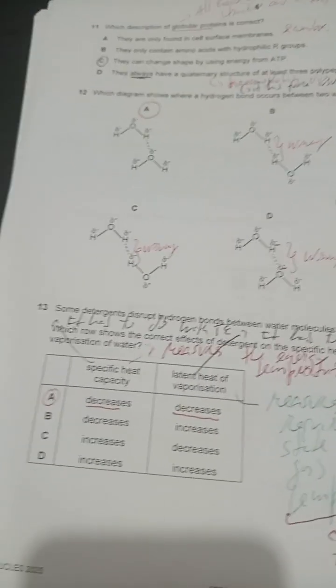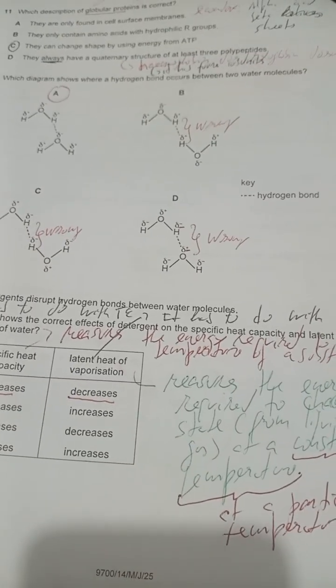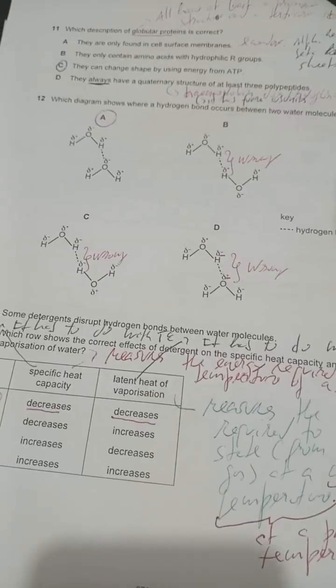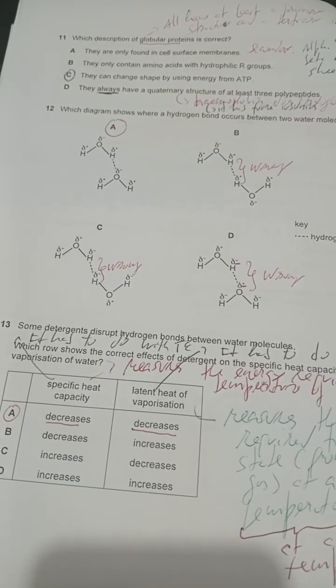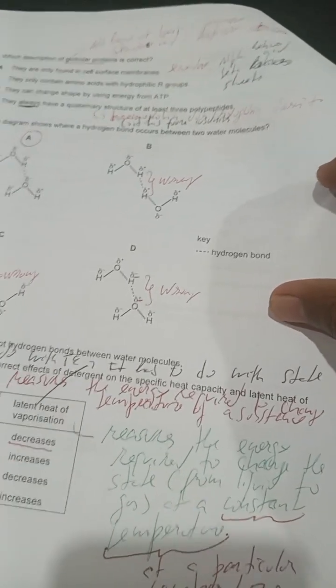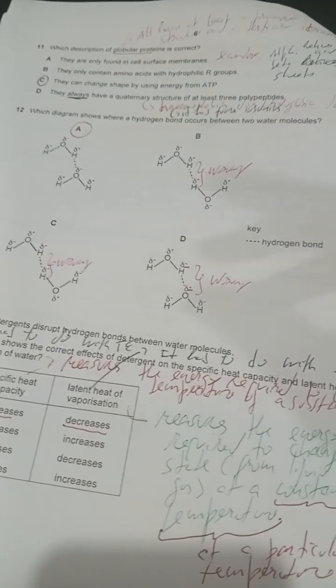So you have to understand what specific heat is. Okay, specific heat capacity of a substance has to do with the amount of energy required to raise the temperature of a substance by 1 degree Celsius.